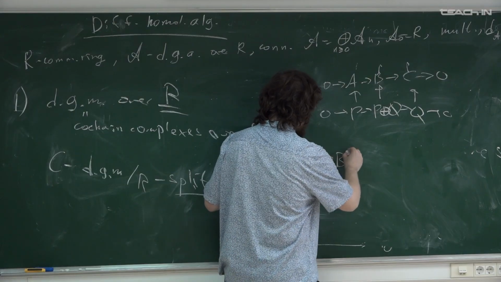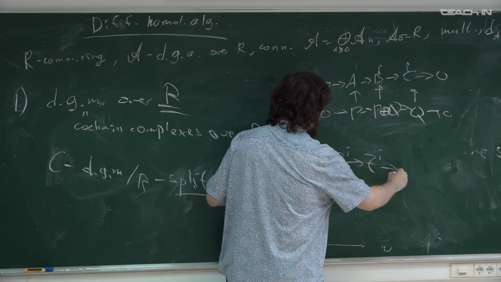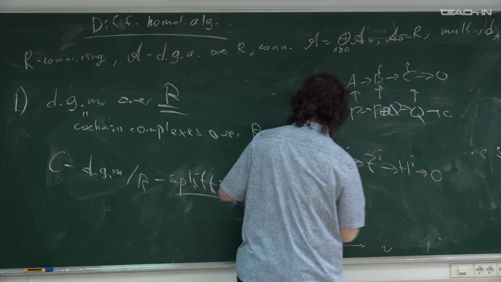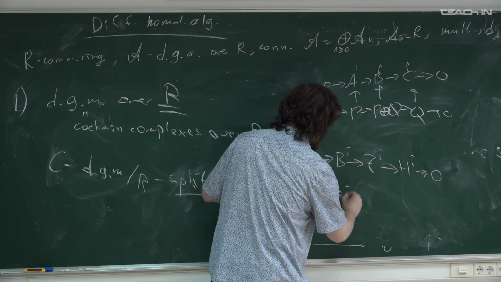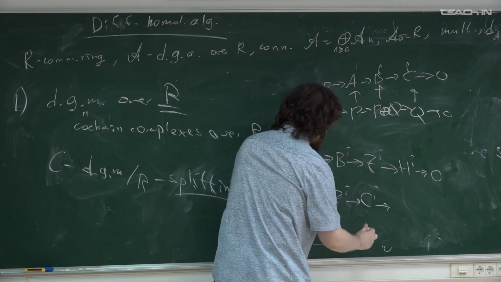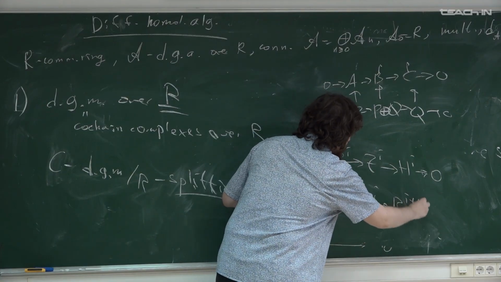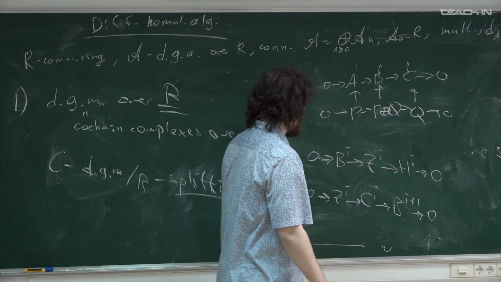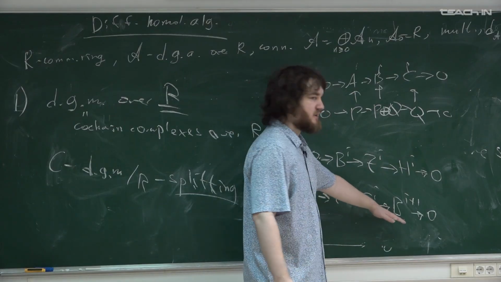I have boundaries, cycles, cohomologies, and cycles Ci and the next boundaries, by the isomorphism theorem. Modulo cycles, the kernel's image.